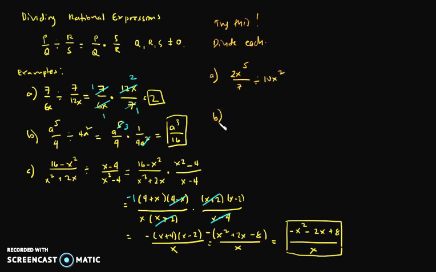For letter B, you have 25 minus x squared over x squared plus 3x divided by x minus 5 over x squared minus 9. Try to solve these givens.